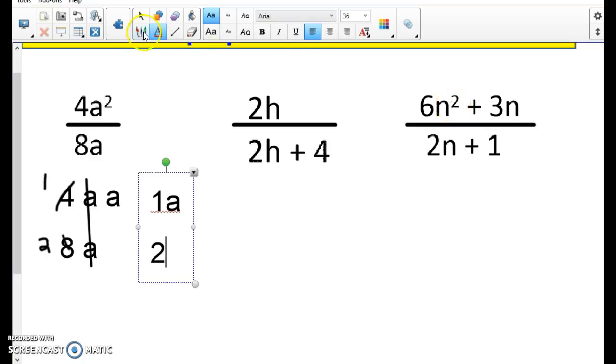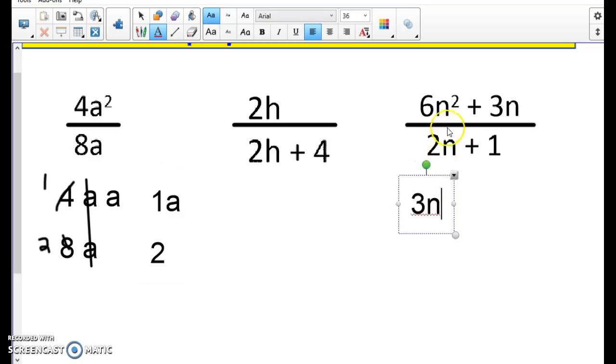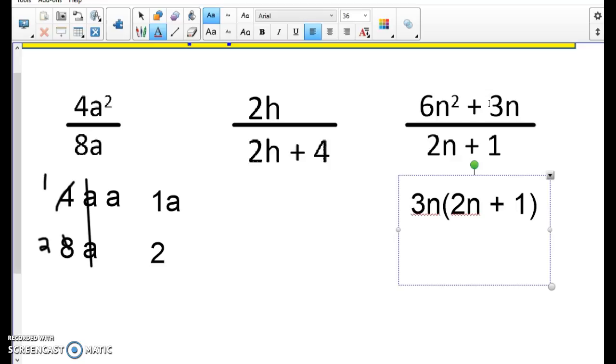Something over here, we're going to pull out a 3n out of our numerator, because 3 is the greatest common factor of 3 and 6, and I could pull out an n, and then I would have a 2n plus 1 left in the parentheses, and then in my denominator I have a 2n plus 1.